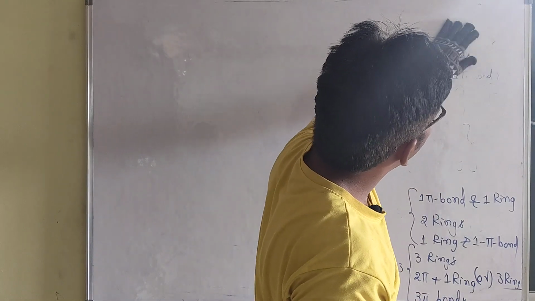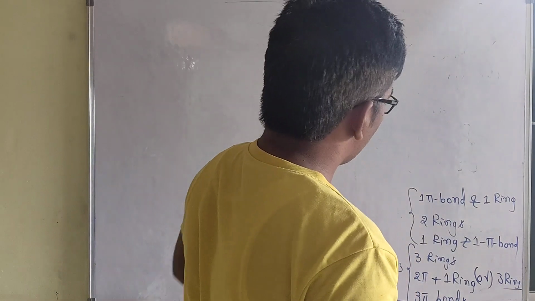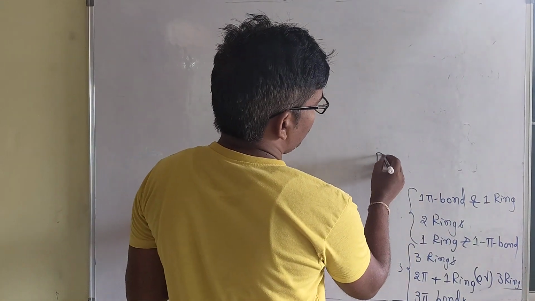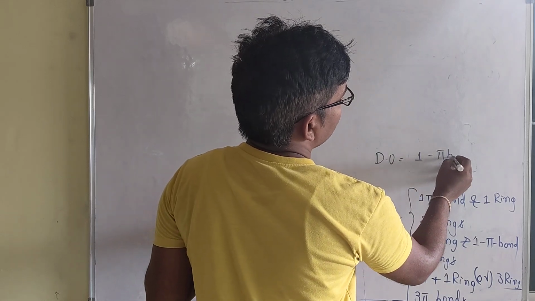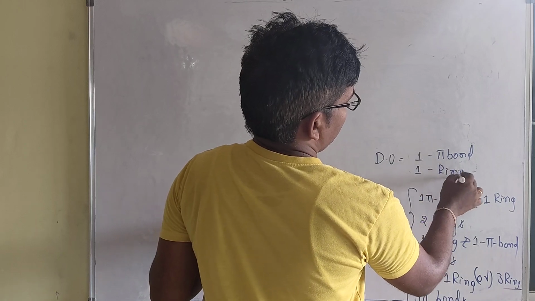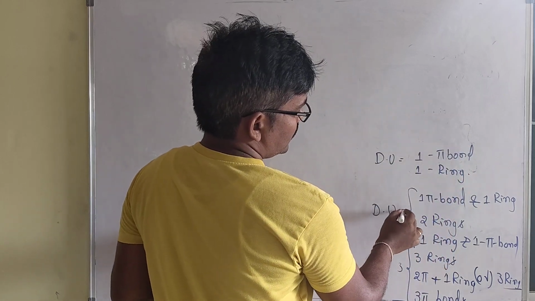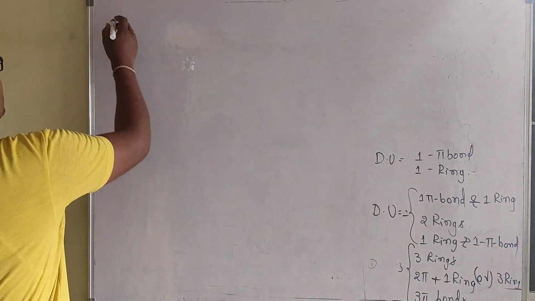Remember all these: degree of unsaturation equal to 1, then 1 pi bond or 1 ring is possible. Degree of unsaturation equal to 2, then 1 pi bond, 2 rings. Sir, one example.